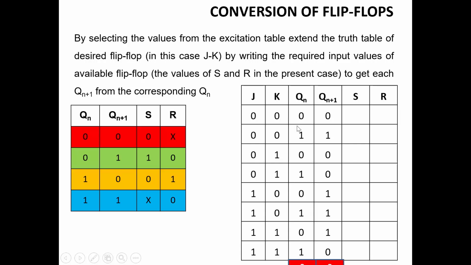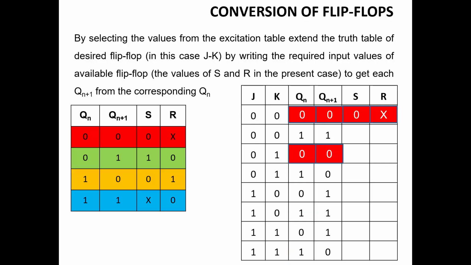For 0 to 0 transition, the value of S is 0 and R can be anything. For 0 to 1 transition, the value of S should be 1 and the value of R should be 0.